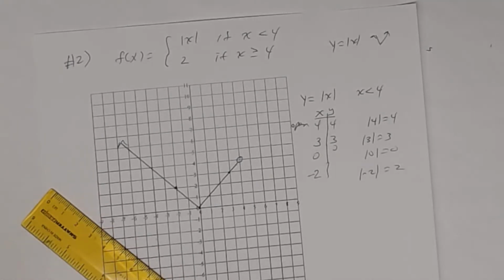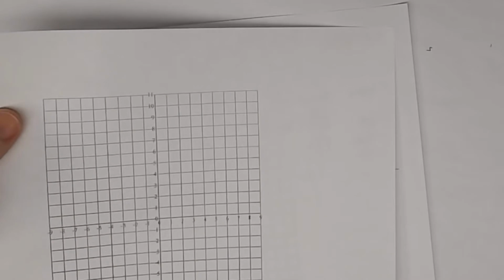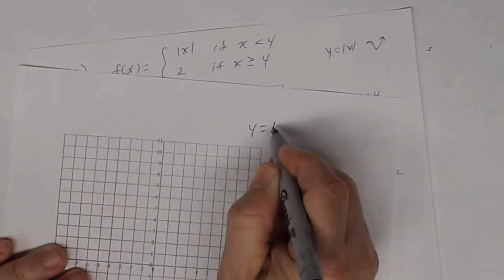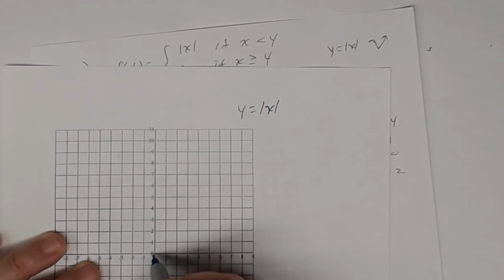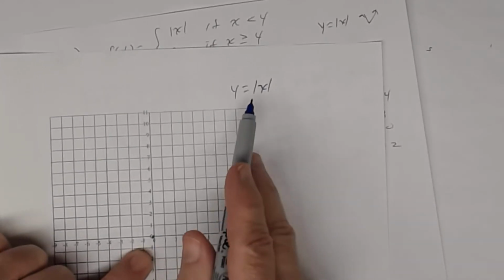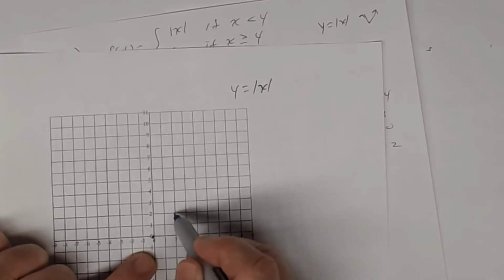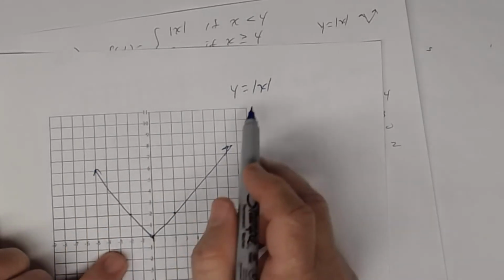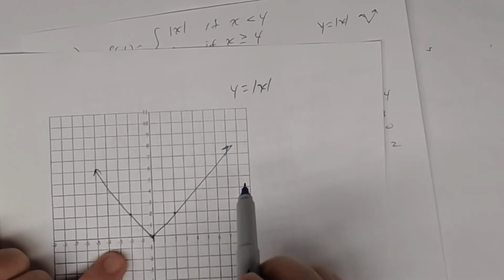Now, I want to remind you what the absolute value of x looks like, and that helps in your mind to think about this. So here is y equals the absolute value of x. When x is 0, the absolute value of 0 is 0. When x is 2, the absolute value of 2 is 2. When x is -2, the absolute value is 2. So that looks like this. This is the absolute value of x when you did not have any restriction to the domain.